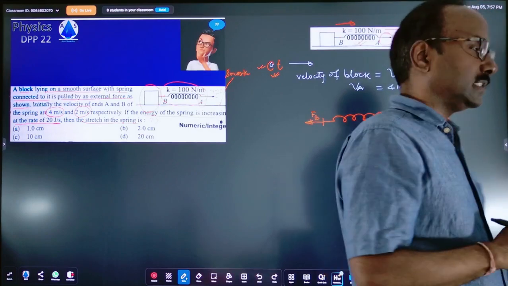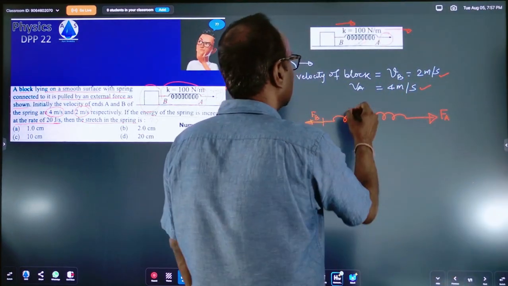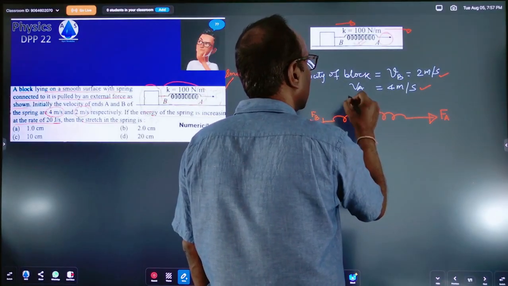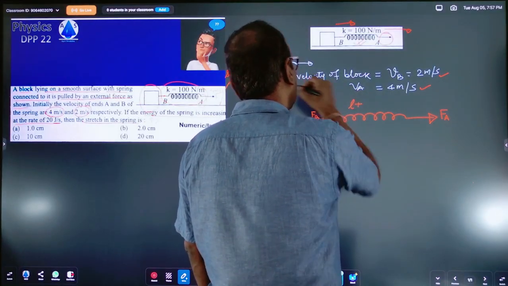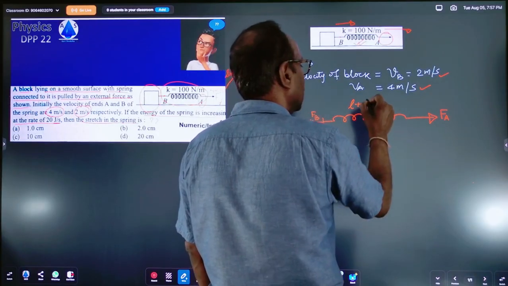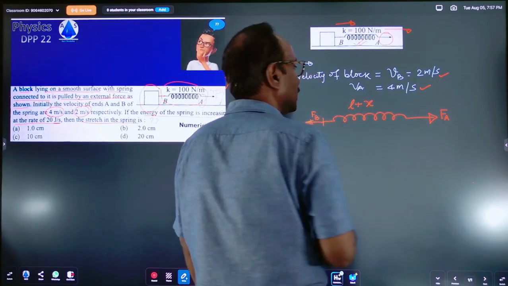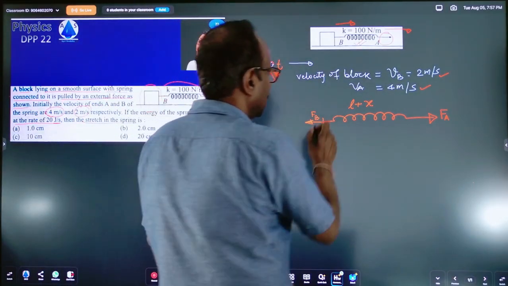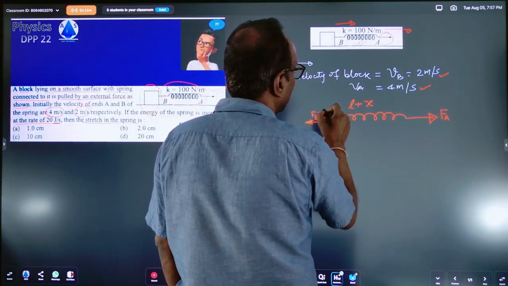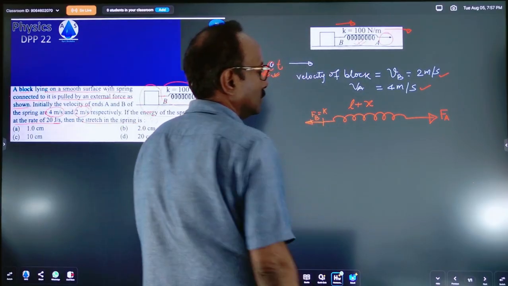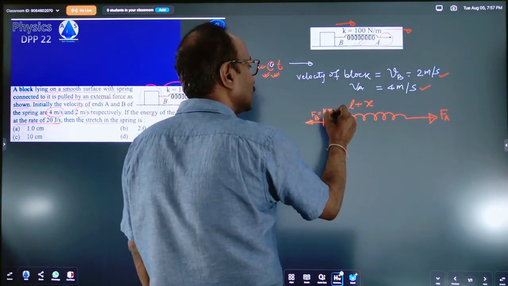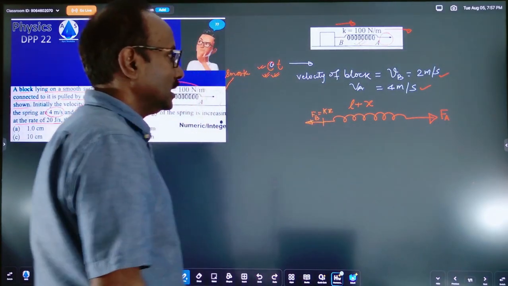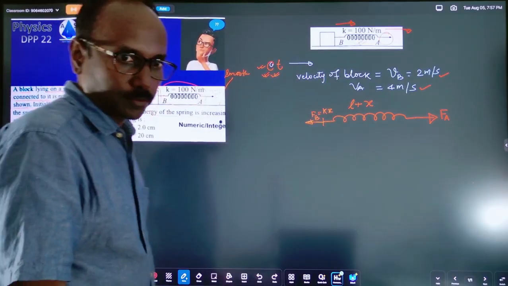Let us say that is X. Its original length was L, and at time t it has become L plus X. So this FB should be equal to K into X as per Hooke's law.